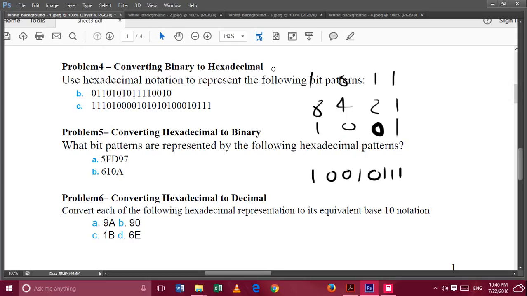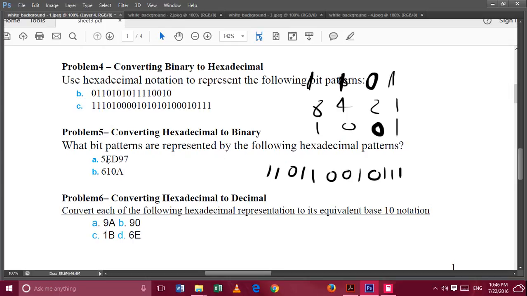Oh, I made a mistake. 13 would be 1 here, 8, 1 here, so that would be 12, 0 here, and 1 here, right? Because that's 12 plus 1, 13. So 1, 1, 0, 1, because D is 13.